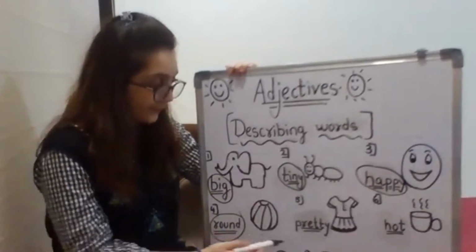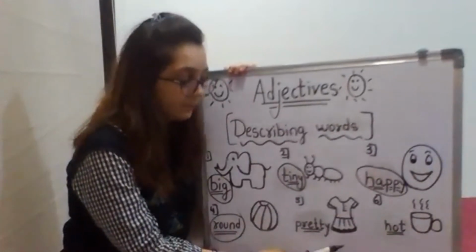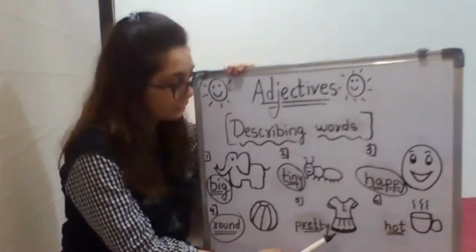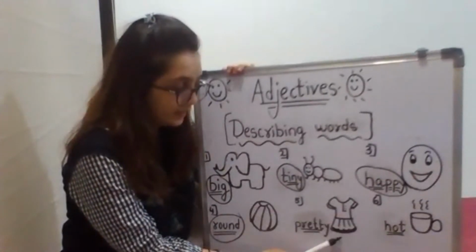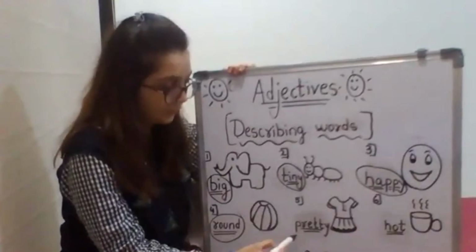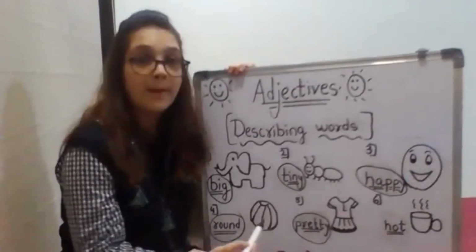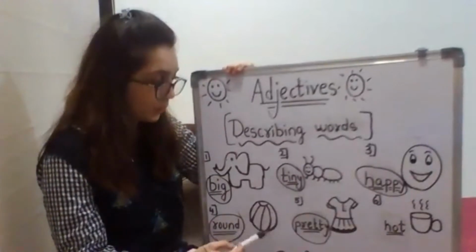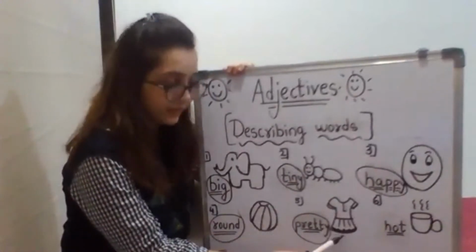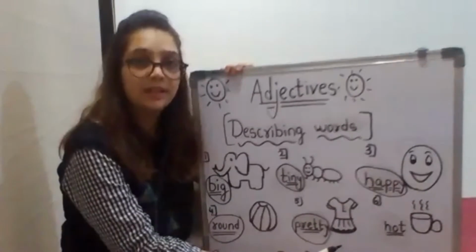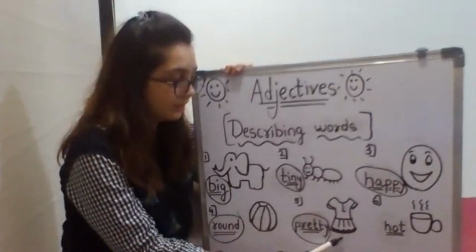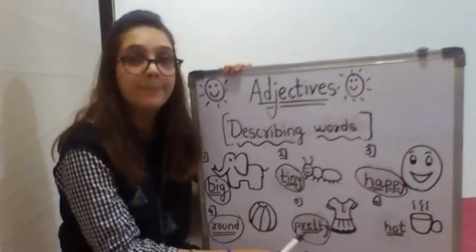Next is a nice pretty dress, right? So over here the dress is described with the word pretty. One more time. Dress is a thing. It's a noun. And the noun is described with the word pretty.